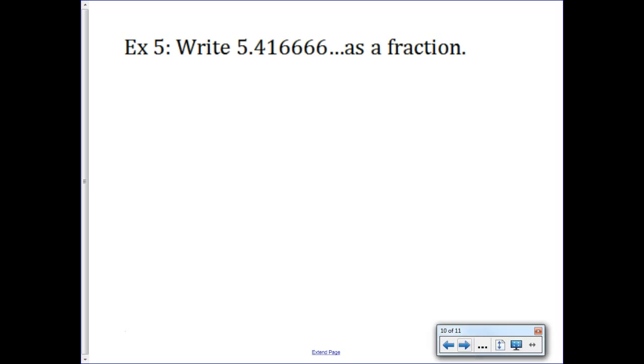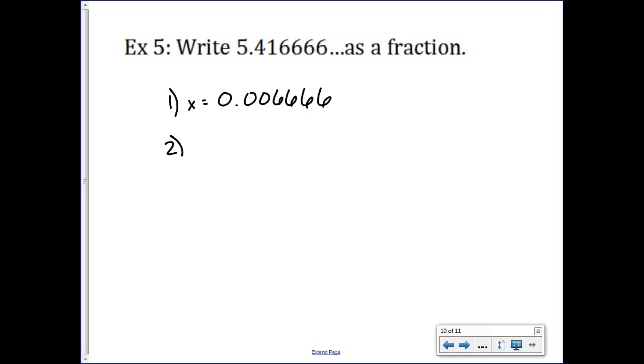So here's an example. We have 5.41 and then 6 repeating. We want to rewrite that as a fraction. So step 1, let x equal the repeating part of the decimal. So x is equal to 0.006666.